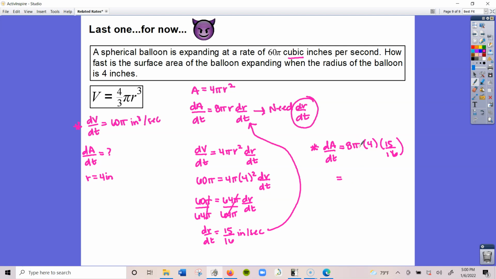Multiply this out. 8 pi times 4 is 32 pi times 15 over 16. I can simplify this. 32 divided by 16 is 2. So this is 2 pi times 15, which is going to give me my dA/dt of 30 pi, and then my units, inches squared per second.